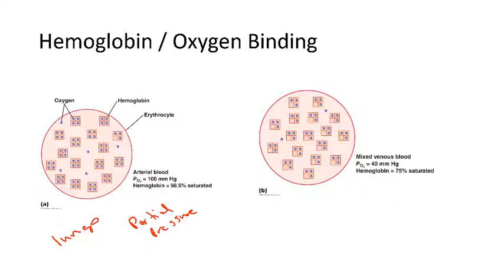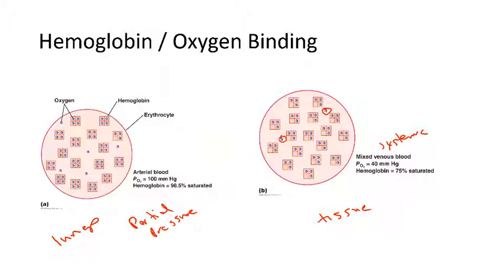However, if I go out to your tissues, you see it says venous blood. This would be systemic, right? We've delivered oxygen, and you'll notice I didn't empty one and leave others full. I took 1 out of 4 for each of these. And we'll see that we have less saturated. So I only have 2 versus the 5 I had over there.